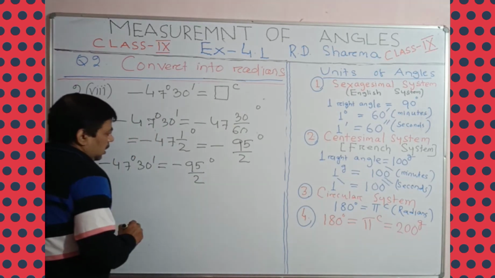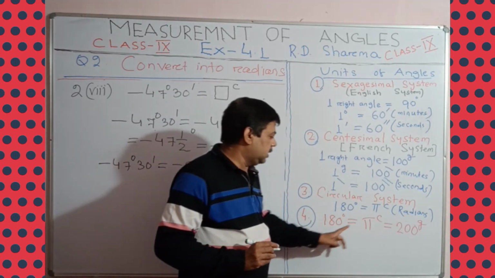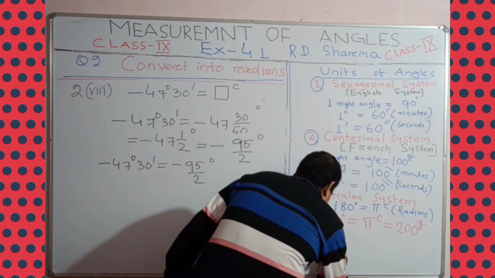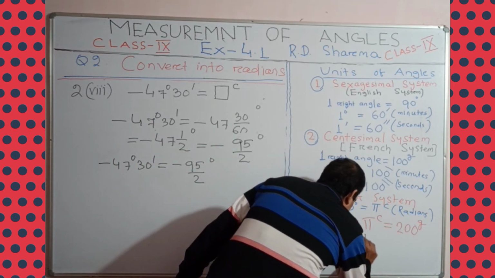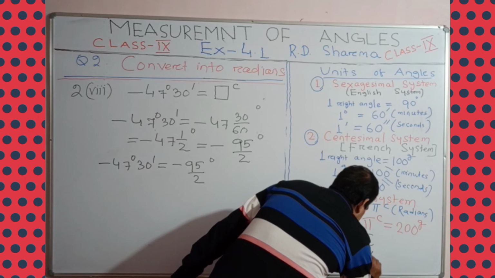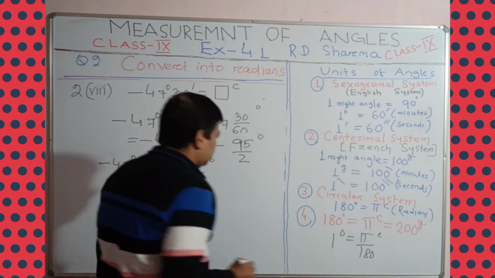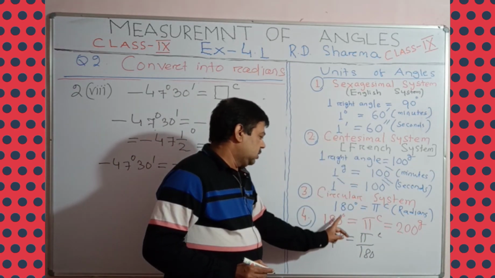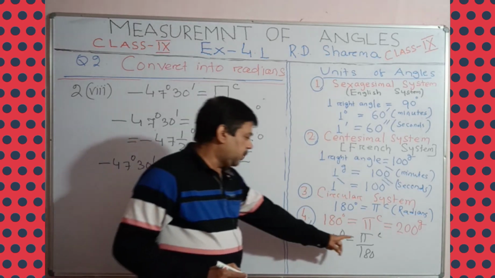And it is very simple, we know 180 degree is equal to pi radian, and 1 degree is equal to pi upon 180 radian.